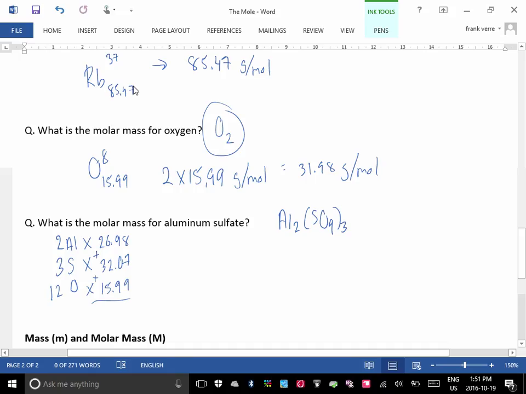No, you don't have to multiply the oxygen by 2 because you have 12 of them. Oh, I did not multiply it by 2. I'm sorry. So this has to be multiplied by 2. This has to be multiplied by 3. And this has to be multiplied by 12. I was getting ahead of myself.